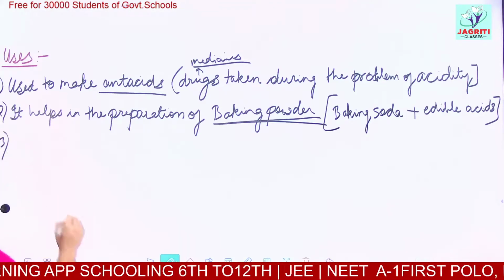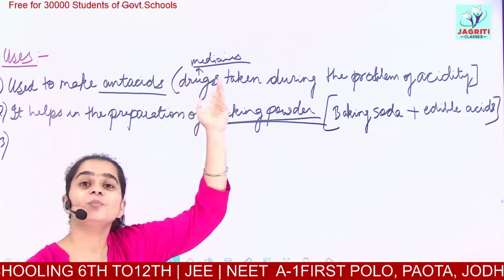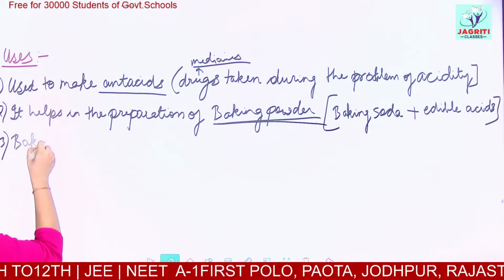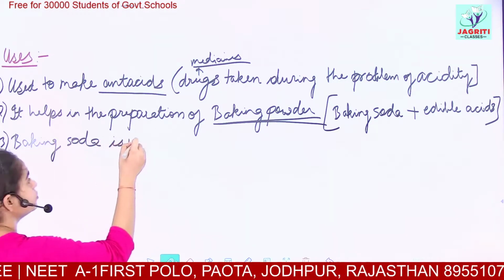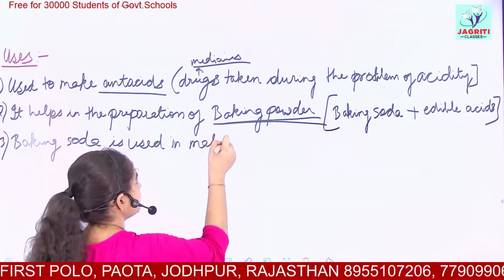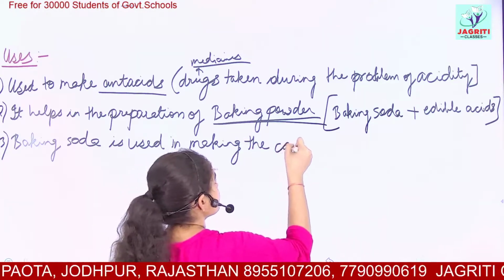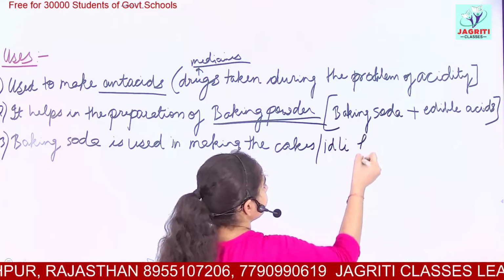Next, as baking powder is used in bakeries, baking soda can also be used in making cakes, or you can say what we make idlis, fluffy.